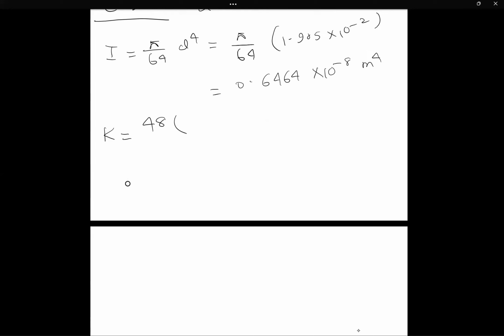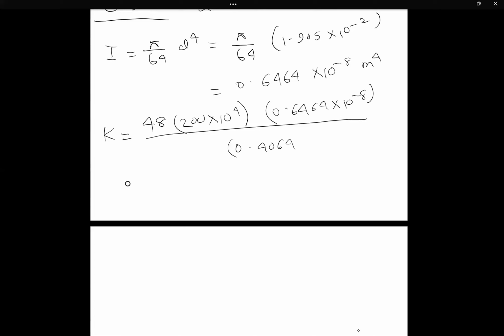The value of E is 210 to the power 4, and I is 0.6464 10 to the power 8, and L will be same, 0.4064 whole cube. So K is 0.9441 10 to the power 6 Newton meter.